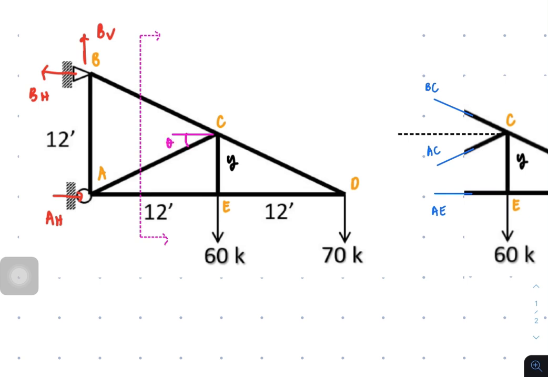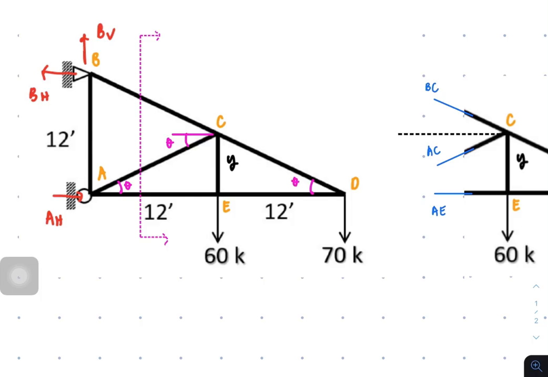If this is theta, together with this line and this horizontal line, it makes an angle theta as well. So since this triangle is also the same with this triangle, then this is also theta.